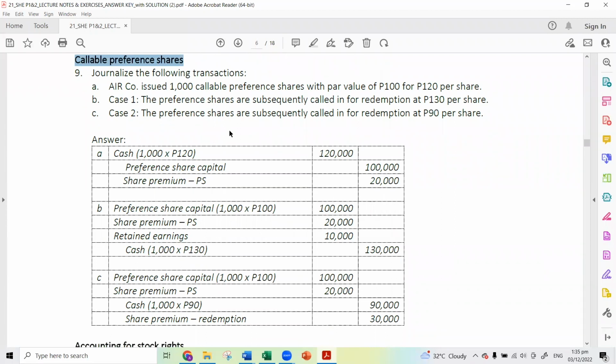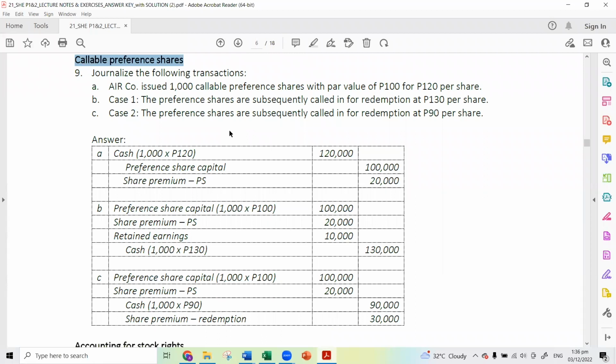Redeemable preference shares are preferred stocks which the holder has the right to redeem at a set date. So who has the right? The holder.